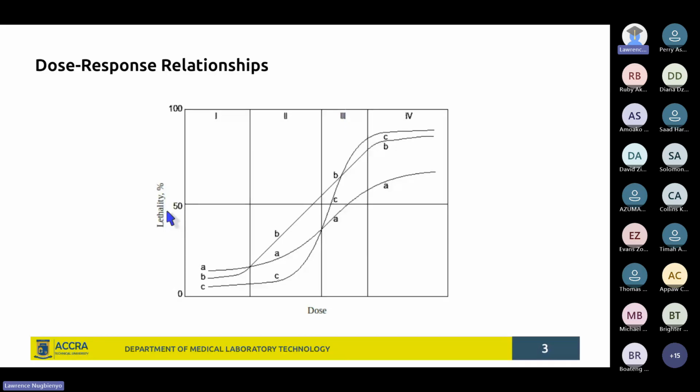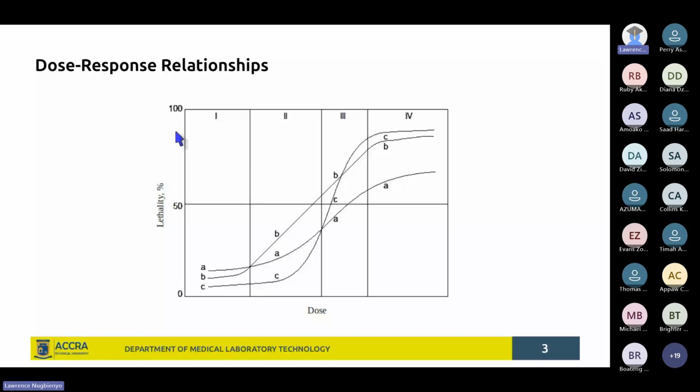But this is a comparison of three substances: substance A, substance B, and substance C. On the lethality axis, you have from 0 up to 100. What you notice with this dose-response relationship is that the relationship is non-linear.